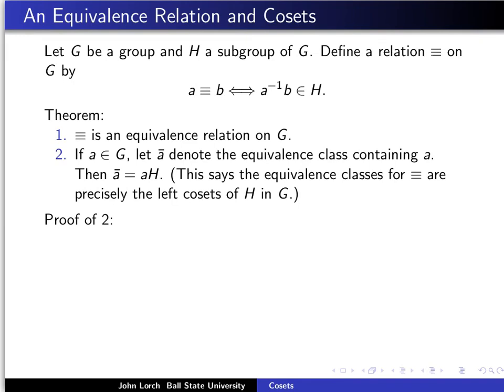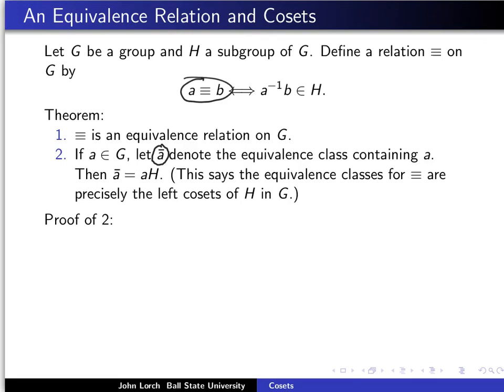Here now we see this same theorem again. And this time we're going to prove part 2. That is, we're going to show that the equivalence classes of this equivalence relation are exactly the left cosets of H in G. So this will require us to remember what's meant by an equivalence class. This object, A bar, is a set, and it consists of all of the things in G that are equivalent to A under this equivalence relation.